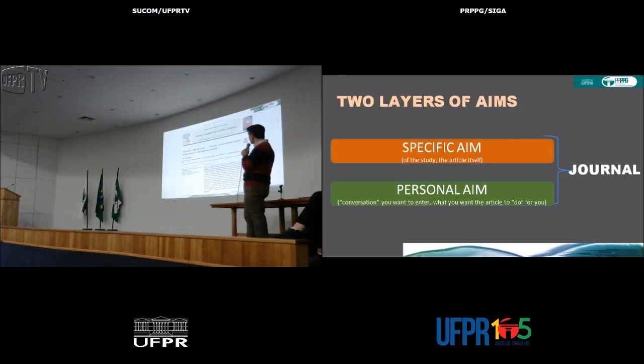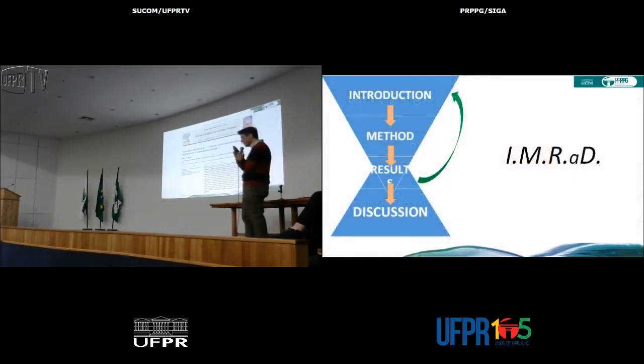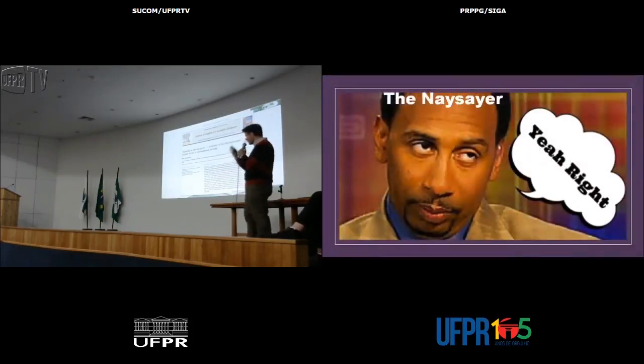Now, I'd like to draw your attention to the abstract of this article, and how the abstract is already one place where you can start thinking about how you're contextualizing your research, what conversation you're entering.